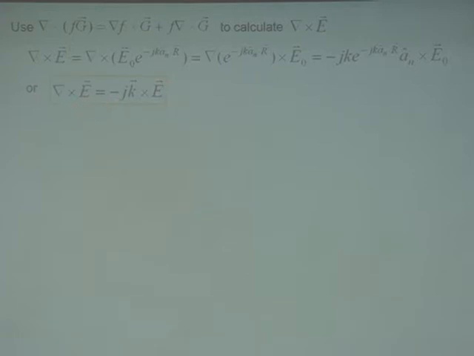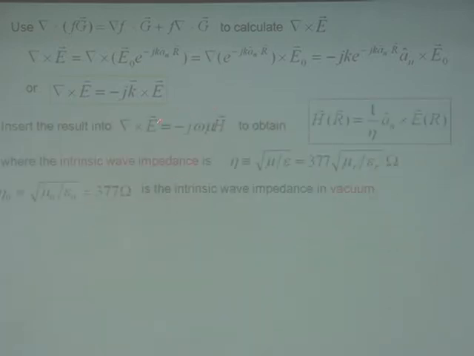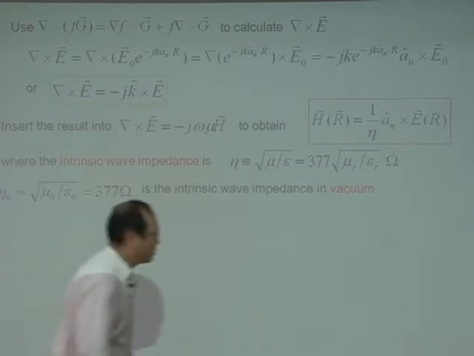So curl of E equals this, but you also know the curl of E from Faraday's law of induction, on the right-hand side you have this. The left side equals minus jk cross with E, and the right side is like this. This expression tells you the relationship between E and H.